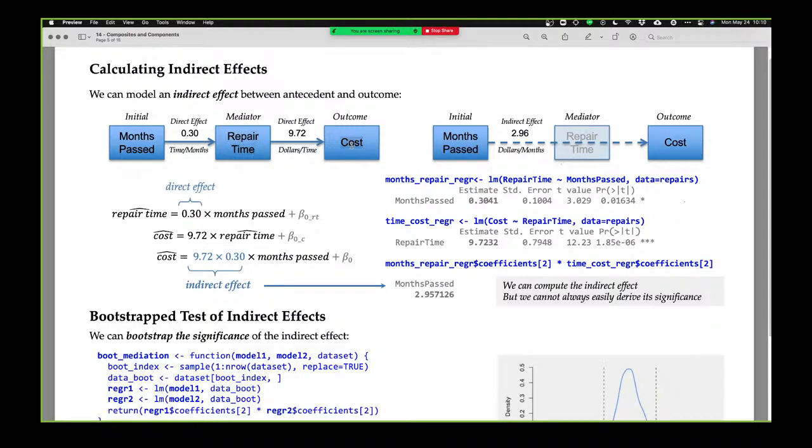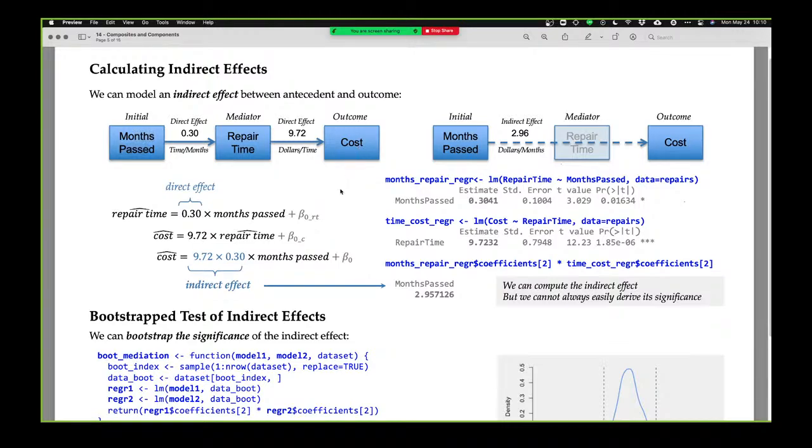And that's what's directly responsible for changing the cost of these repairs, right? But the analyst is at a little bit of a problem because what they really want to explain is months passed and how it's affecting cost.